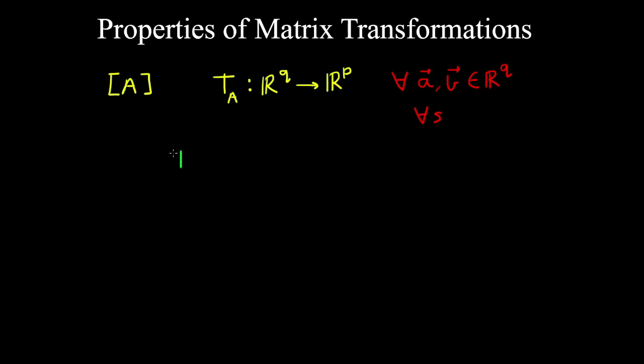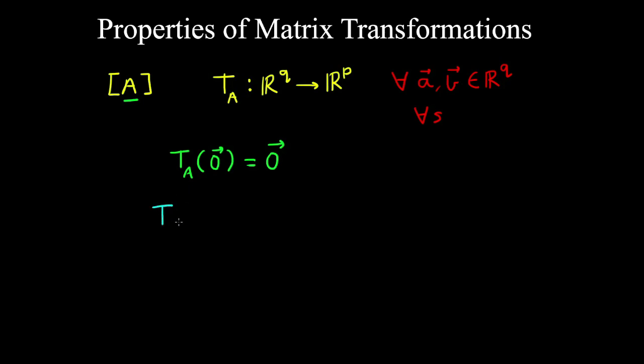The first property is that the transformation of the zero vector results in a zero vector. You can look at this transformation as a matrix A multiplied by the zero vector. We also have two additional properties stating that the transformation is linear.